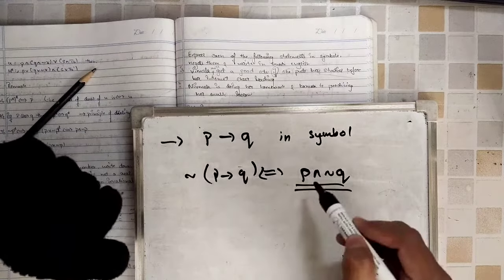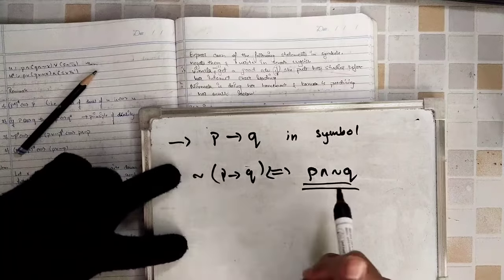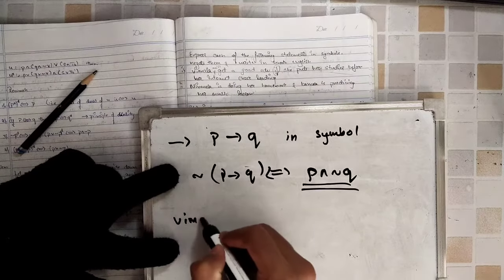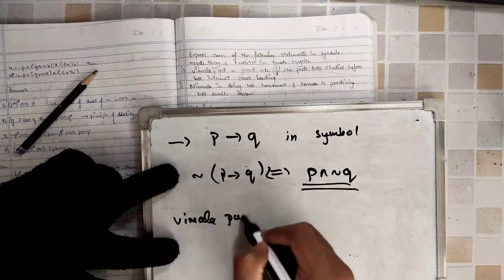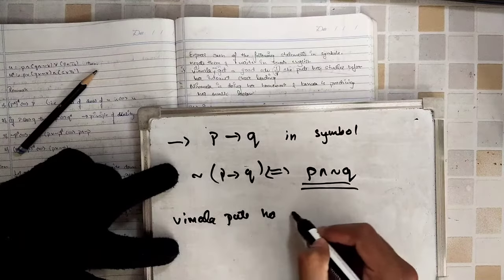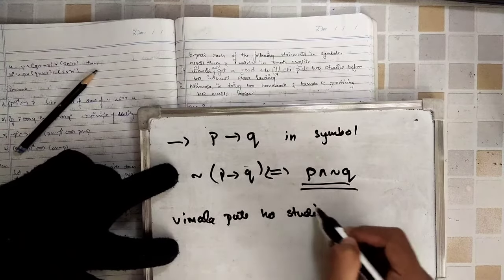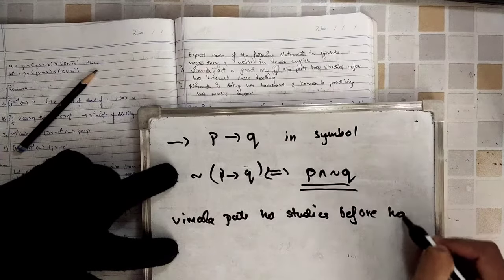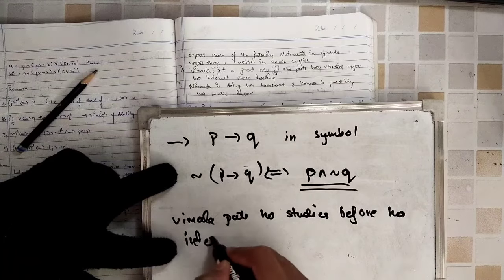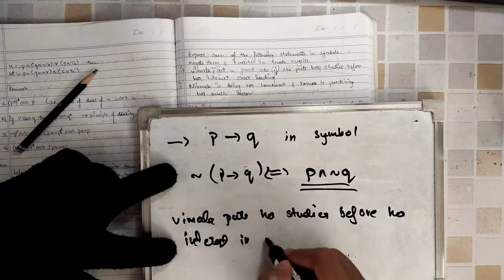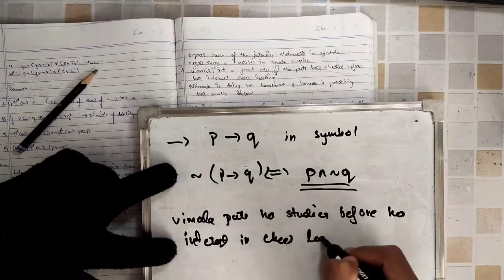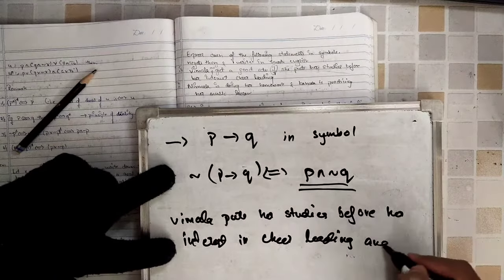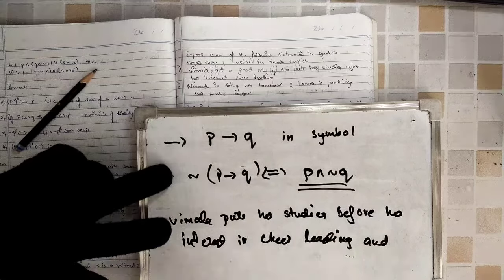Now I have to write this in smooth English. You know what P was, right? P is nothing but Vimala puts her studies before her interest in cheerleading, and negation Q. What is Q?